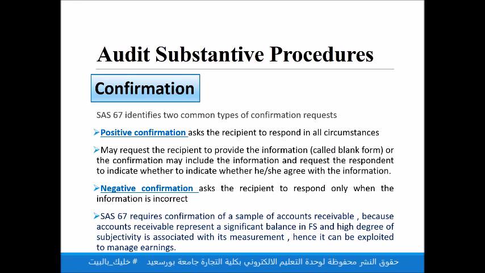Hence, it can be exploited to manage earnings. It can be exploited to push earnings up and mask the poor economic performance of the firm for opportunistic purposes. That's why the Statement on Auditing Standards number 67 requires confirmation of accounts receivable.